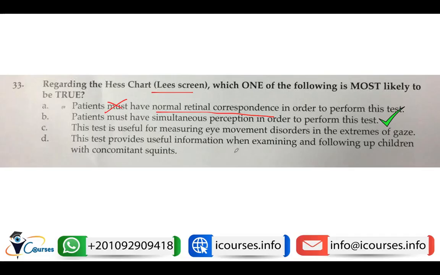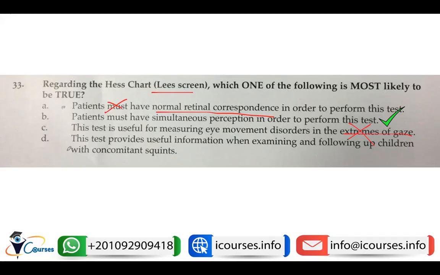The test is useful for measurement of eye movement in extremes of gaze. Actually, it's not only extremes of gaze. It can be useful for any gaze, so if there is any abnormal gaze of the eye, it will be helpful. Finally, the test provides useful information when examining and following up children and the competent strabismus.